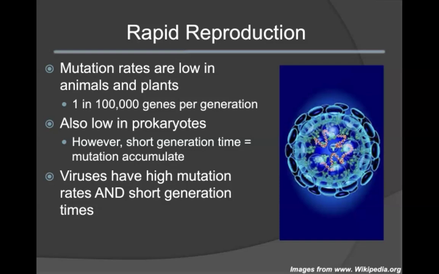However, because most prokaryotes are very small and can reproduce at a very high rate, they have a very short generation time. This allows for mutations to quickly accumulate within a population. Viruses, for instance, have a very high mutation rate in combination with a short generation time, leading to the rapid evolution of viruses, as we can now see through the mutation rate of COVID-19.